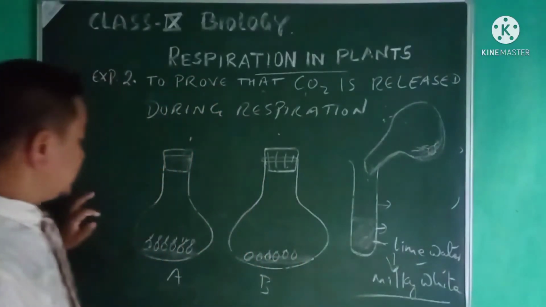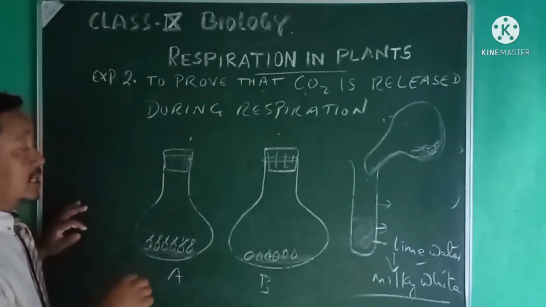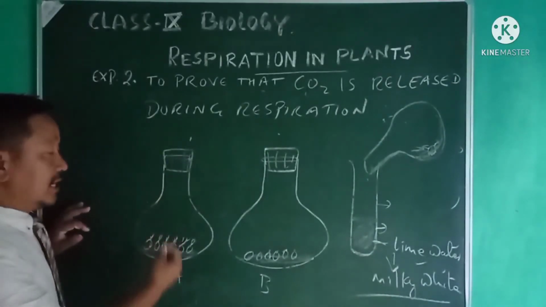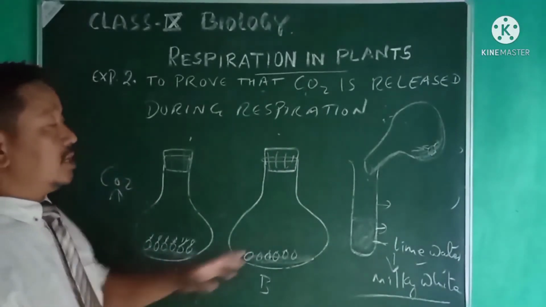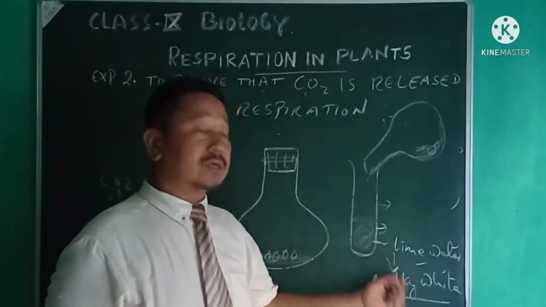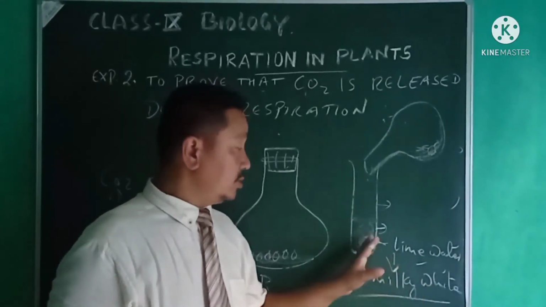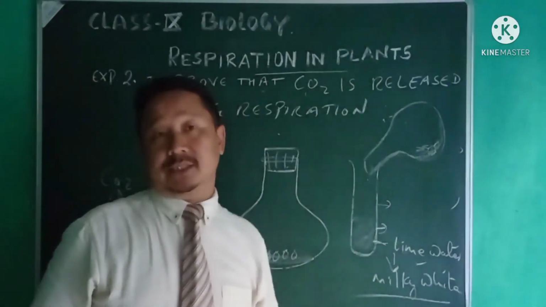That means these germinating seeds have taken part in respiration and have released CO2. That's why when this CO2 comes in contact with lime water, it turns milky white. This is how we test carbon dioxide.